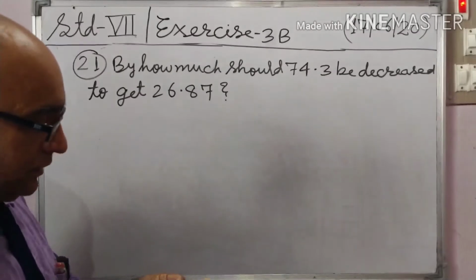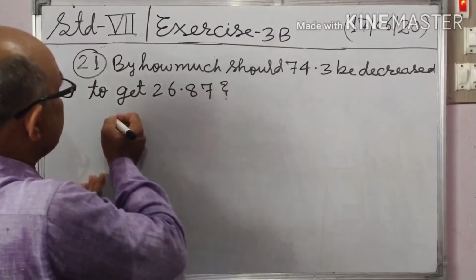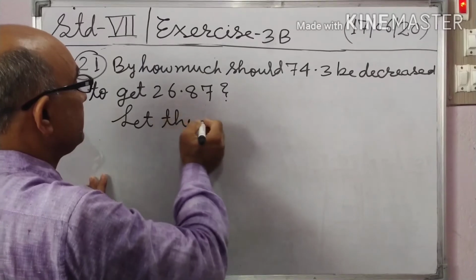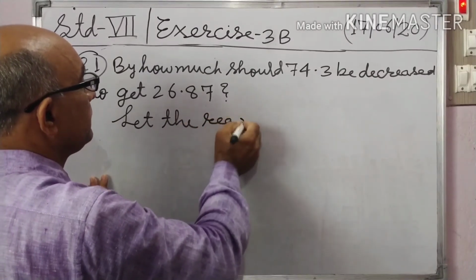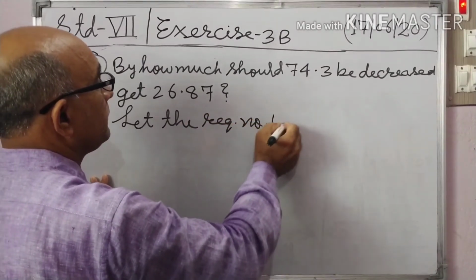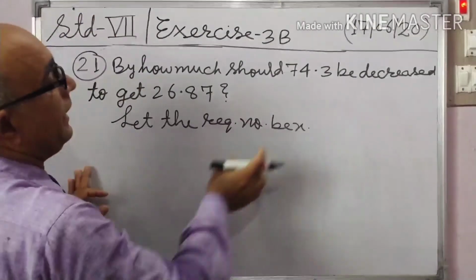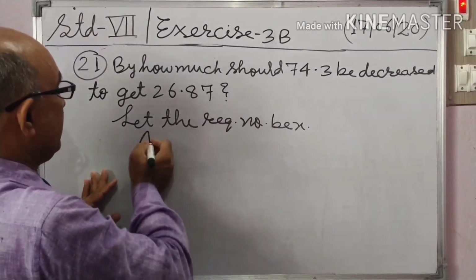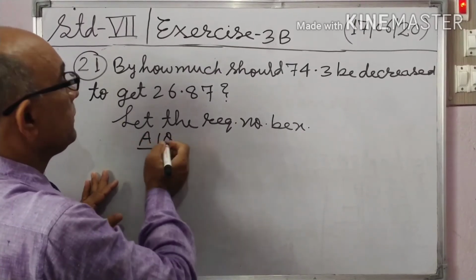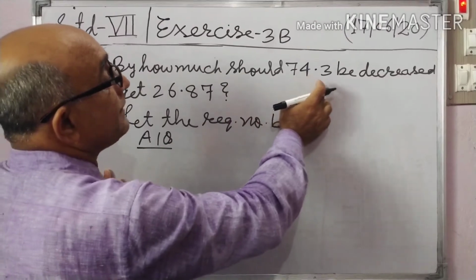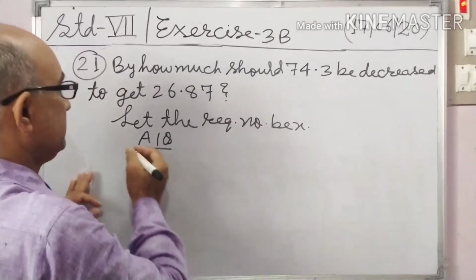So let the required number be x. Then according to the question, by how much should 74.3 be decreased? That means subtract.